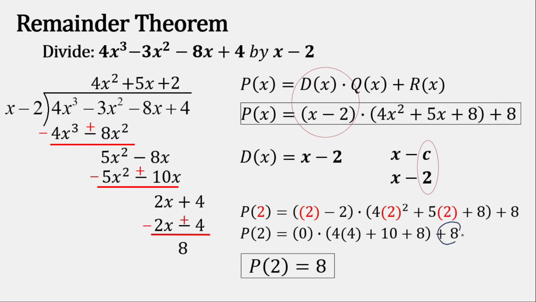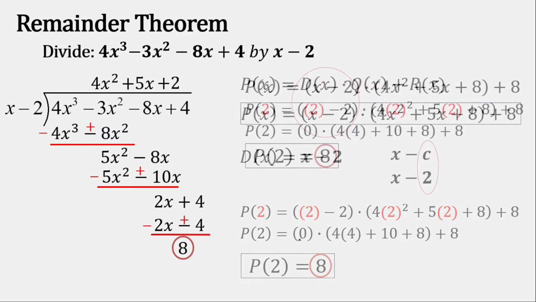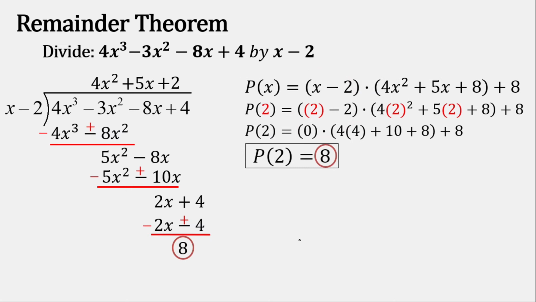Meaning, if we substitute the value of c, when the divisor is in this form, then p of c will be equal to the remainder. So that is the remainder theorem. It is the same as well if we substitute 2, or c, into the polynomial expression without dividing it.